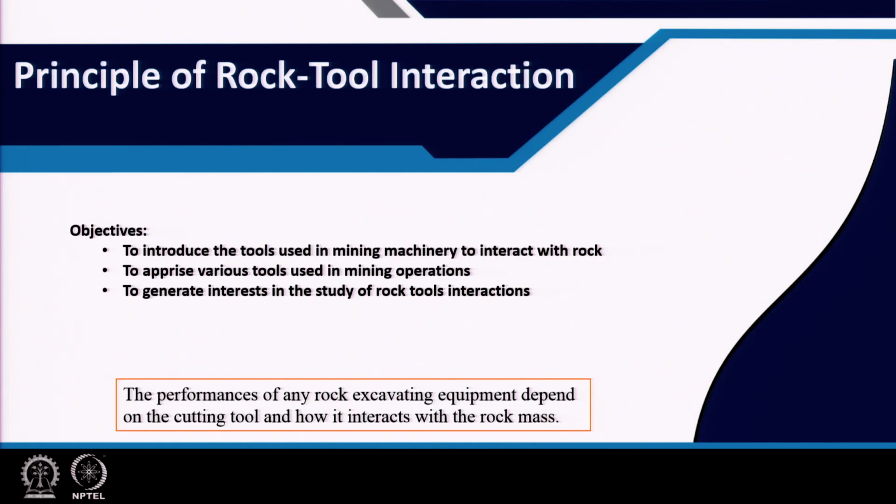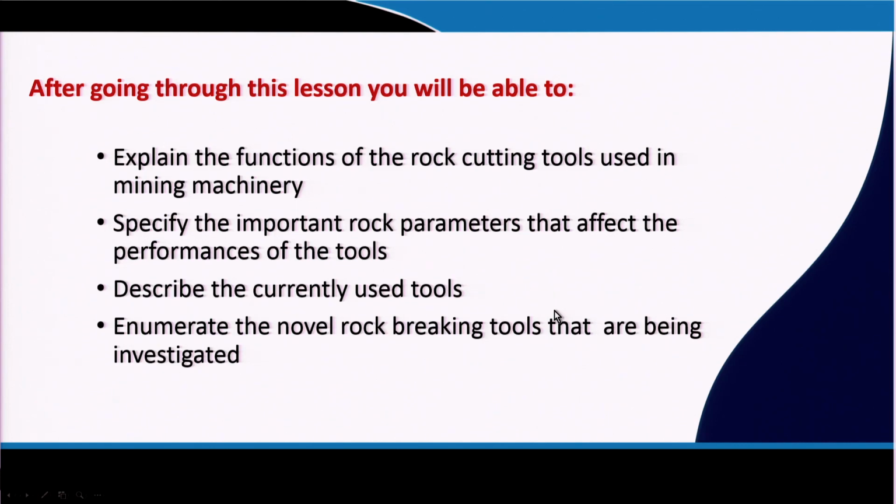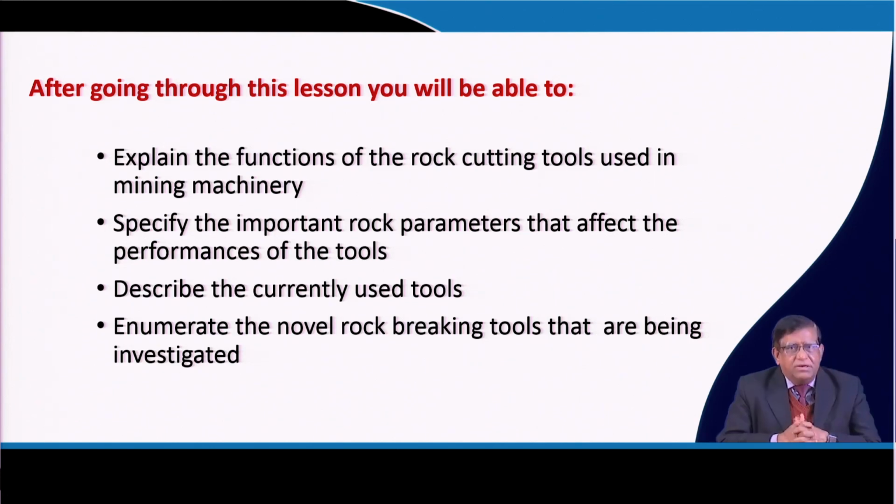Now, the performance of any rock excavating equipment will depend on the cutting tool and how it interacts with the rock mass. That is the basic thing. We hope that after going through this lesson, you will be able to explain the functions of these rock cutting tools used in mining machinery, specify the importance of rock parameters that affect the performance of the tools, and describe the currently used tools for different types of machines.